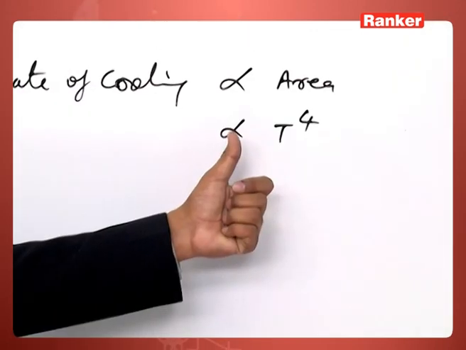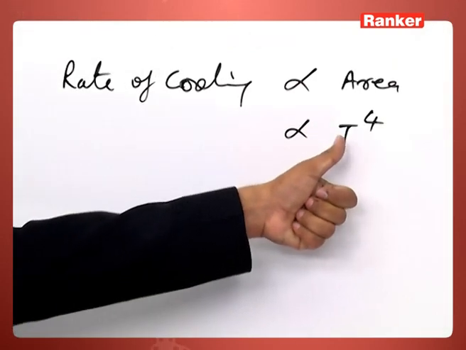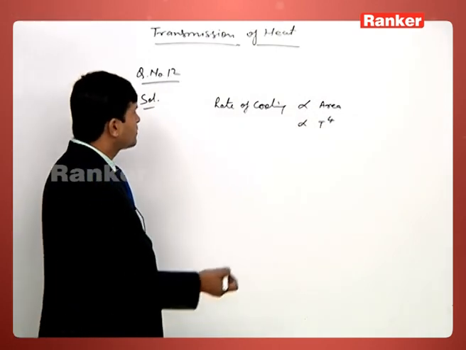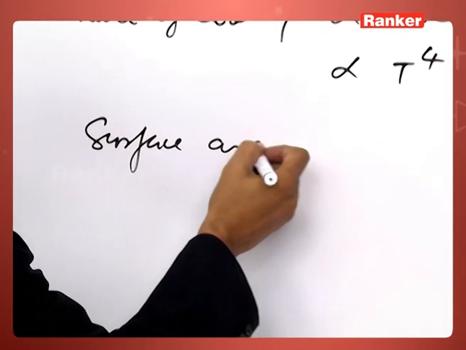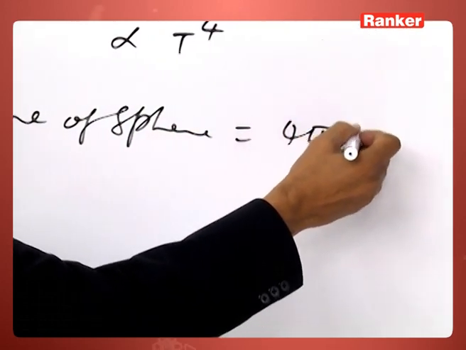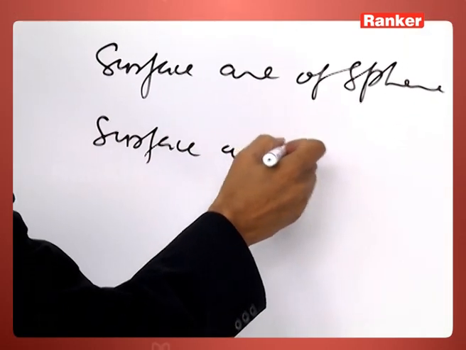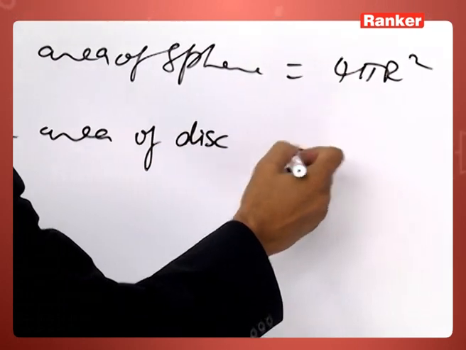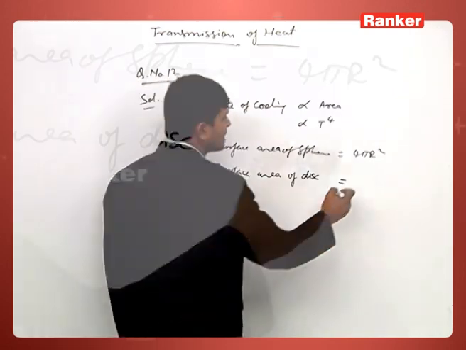In the case of the sphere and disk, the temperatures of both are the same. The surface area of a sphere is 4 pi r square, and the surface area of the disk: one side has area pi r square and the back side also pi r square. The total area is 2 pi r square.